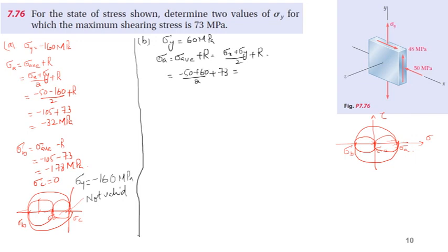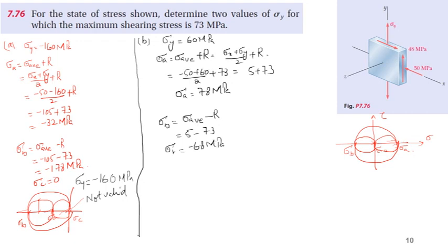This becomes 5 plus 73, so sigma A is 78 megapascal, which is tensile in nature. Now sigma B is sigma average minus radius, so 5 minus 73 becomes negative 68 megapascal.